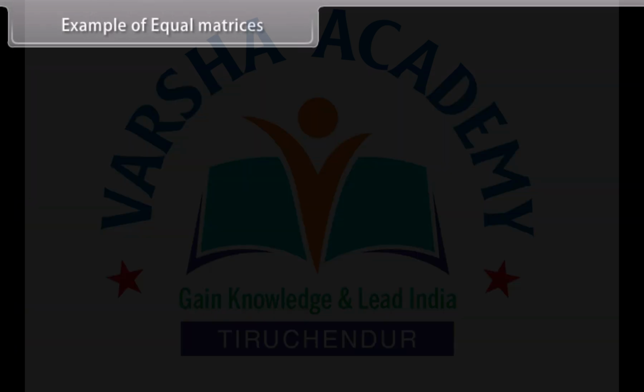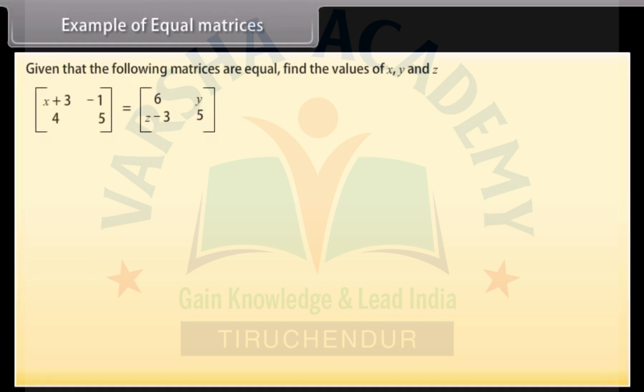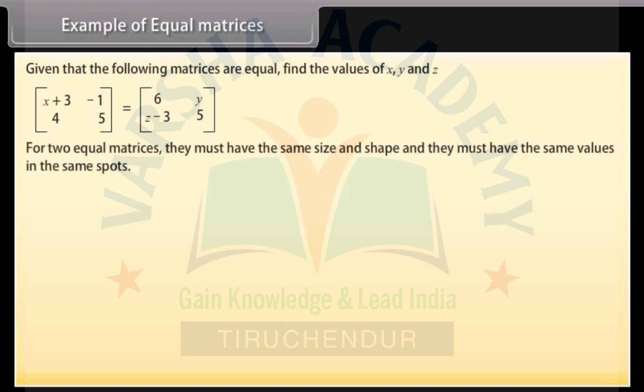Example of equal matrices. Given that the following matrices are equal, find values of x, y, and z. For two equal matrices, they must have the same size and shape and they must have the same values in the same spots.